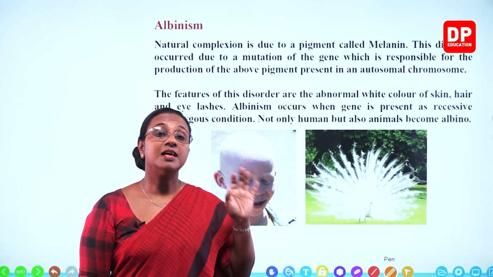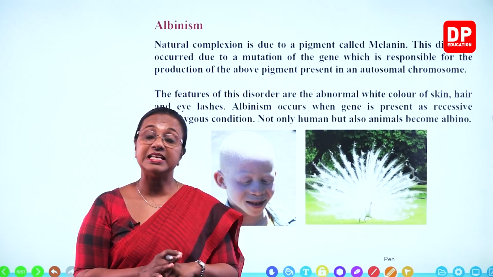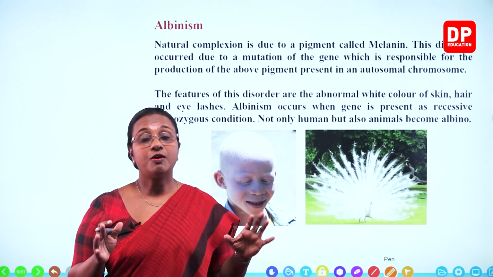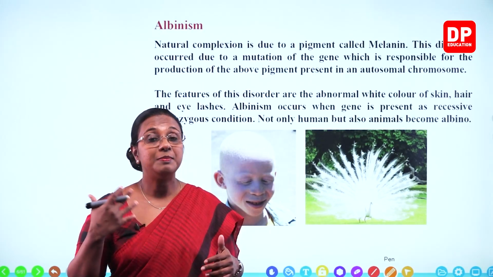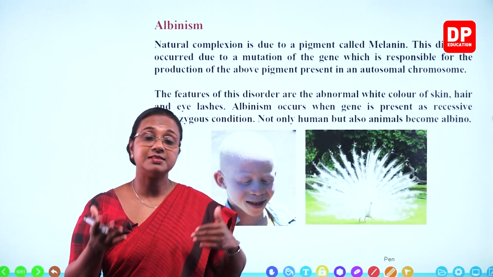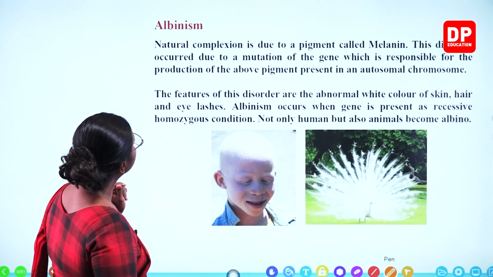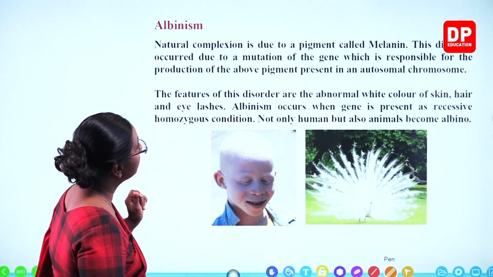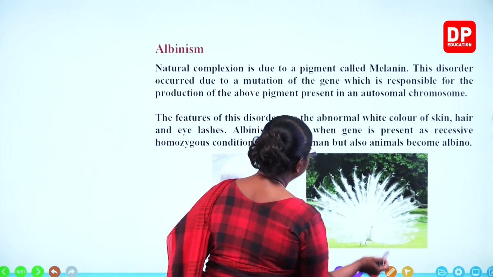That is because the gene responsible for the production of pigments that give rise to the color of skin is absent or mutated. The pigments are absent because the gene is mutated. So here, natural complexion is due to a pigment called melanin. You have to remember that.